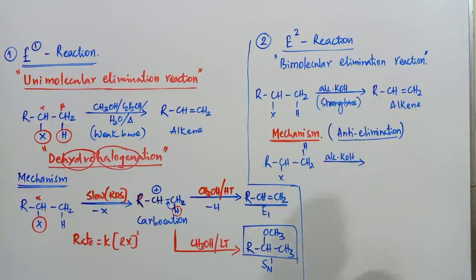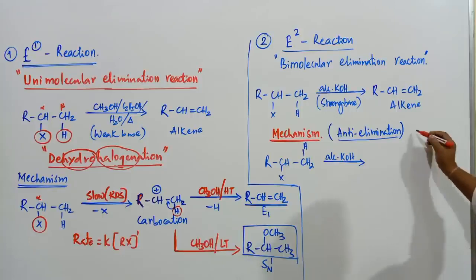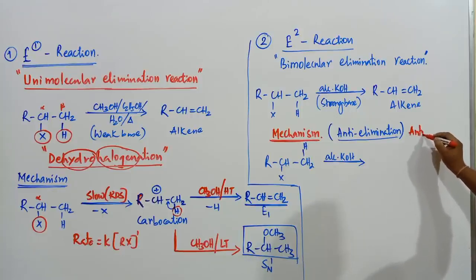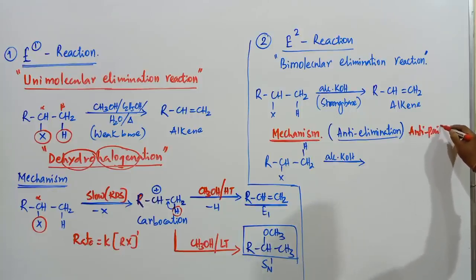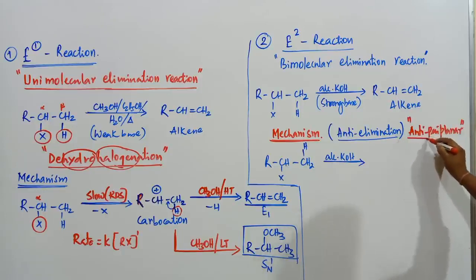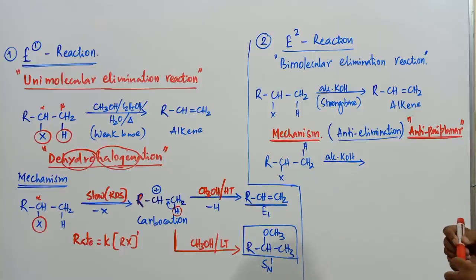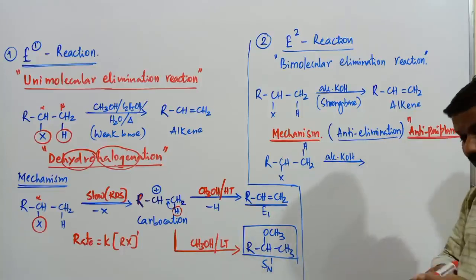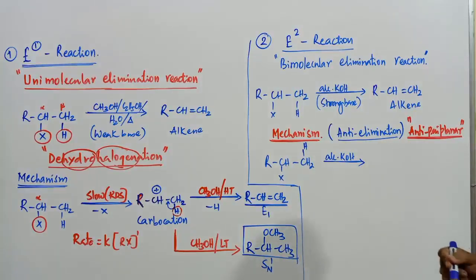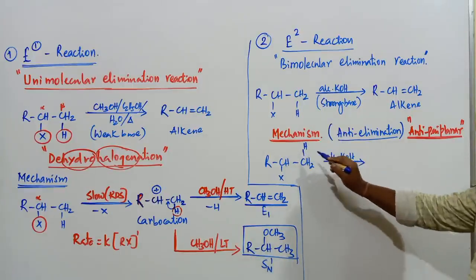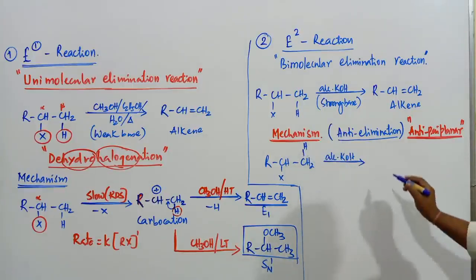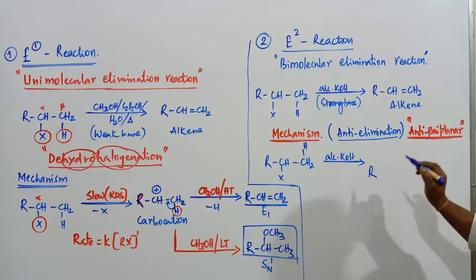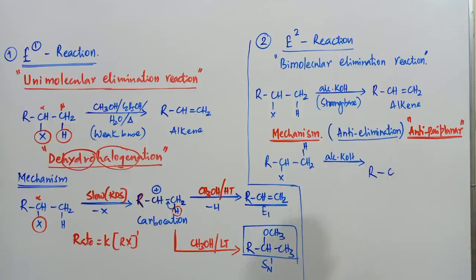That position is commonly known as the anti-periplanar position. If the hydrogen and halogen are present in the anti-periplanar position, then only elimination takes place. That is commonly called anti-elimination. Now when hydrogen slowly separates from this alkyl halide, what happens here? This is R, next this is carbon, it is hydrogen, fine.